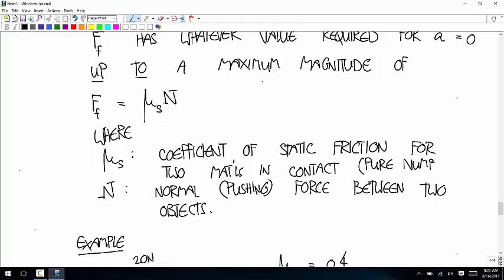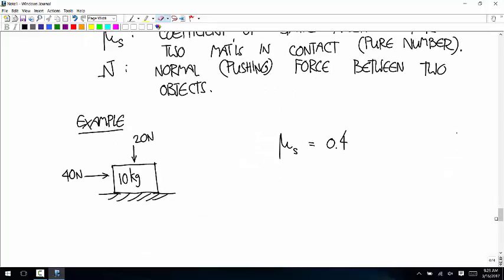So this is just a pure number. It's usually under 1, but it doesn't have to be. Like rubber on concrete, I think a lot of times has values over 1, even over 3. So the question here is, with this given coefficient of static friction, does this box start to slide?